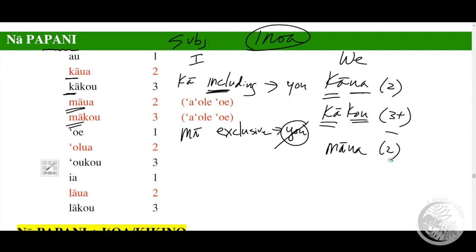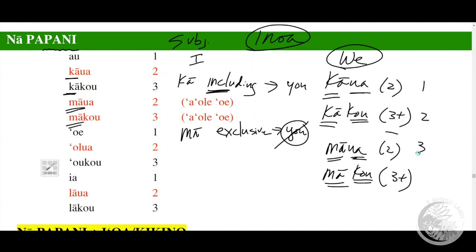And when I say we, not you, and there are 3 or more of us, again, there's sounds in ma and ua. We say ma and ko, or mako, which means 3 or more. So what you notice, the English we has actually 4 we's in Hawaiian. So in Hawaiian, we're a lot more specific.